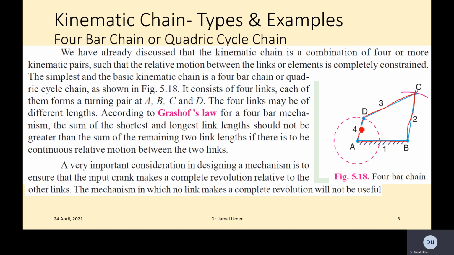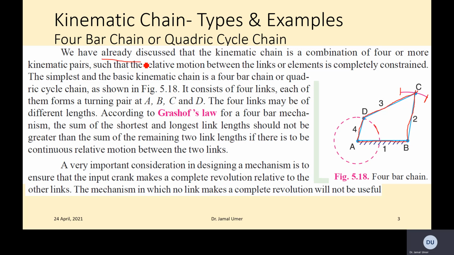What we are doing here is that AD is the link which rotates continuously, and it converts this rotary motion to point C, which is basically oscillating. You see, it is not necessary that this link turns continuously; link 2 doesn't make any full turn. Rather it just oscillates within these positions.